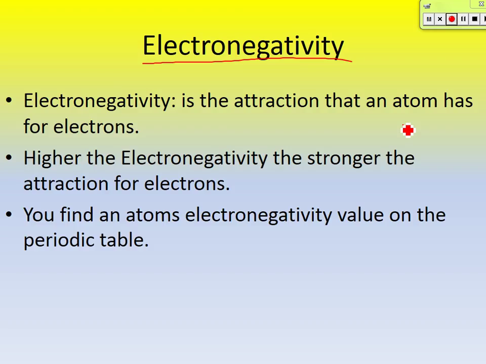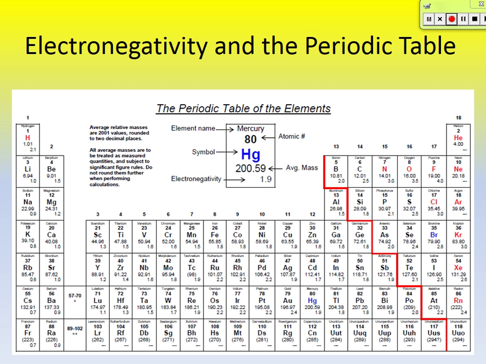Okay, so where do you find electronegativity values, guys? On the periodic table. So on my next slide, I've got a periodic table, but if you're watching the video, please get your periodic table out now so that we can know how to find electronegativity values. So here we go. Here's your periodic table.